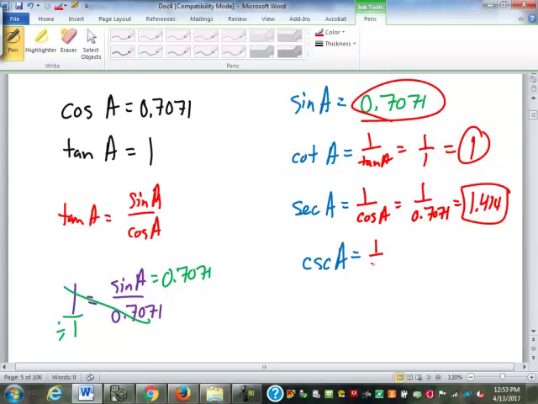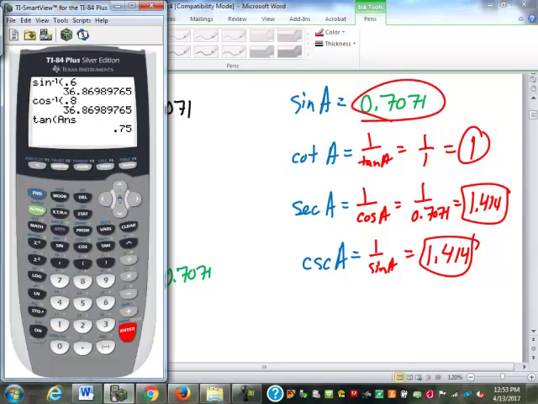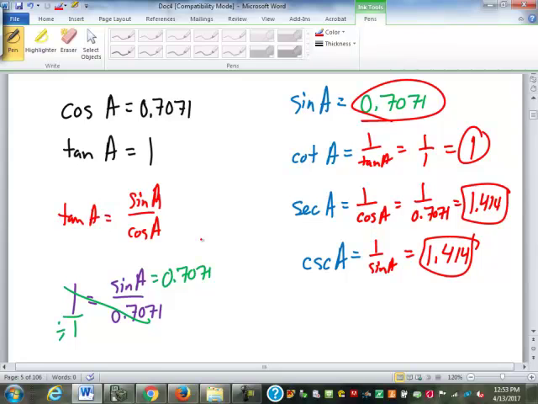Cosecant is 1 over the sine. Well, since the sine is the same as the cosine, that's going to be 1.414. What do you think? Is it 1.414 or 1.404? .414, I was right. Okay. Not terrible?